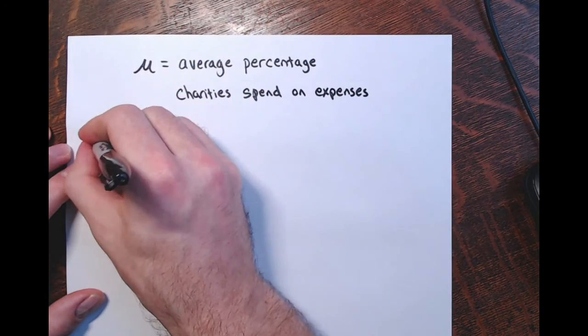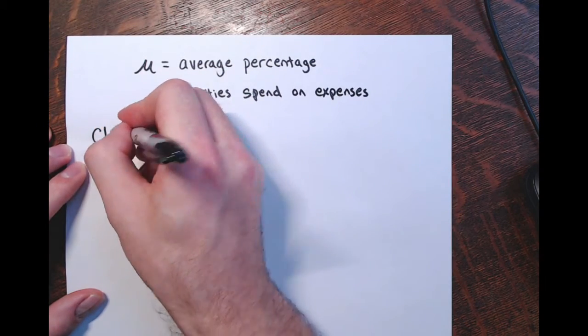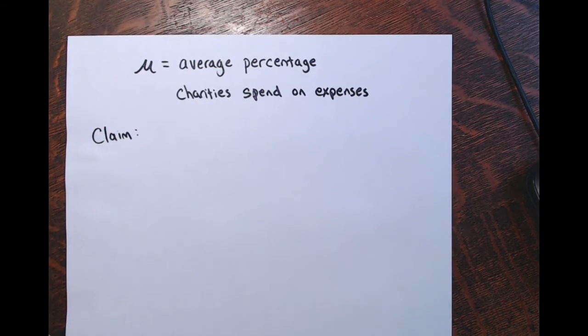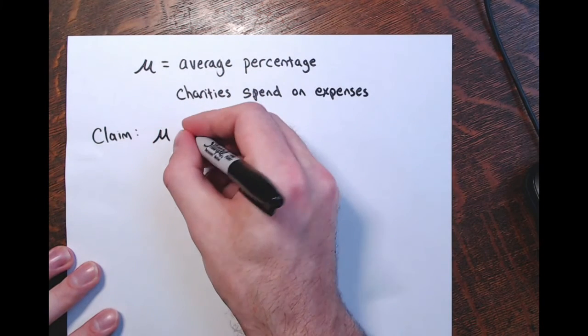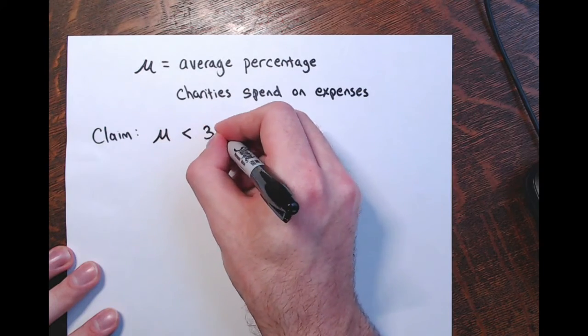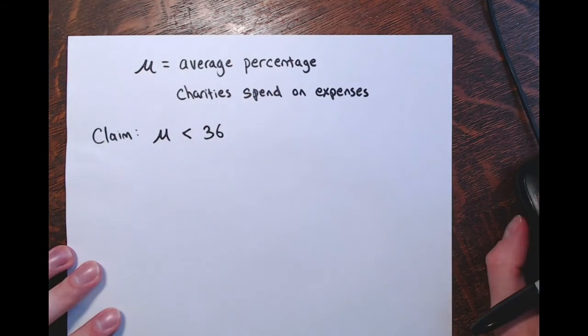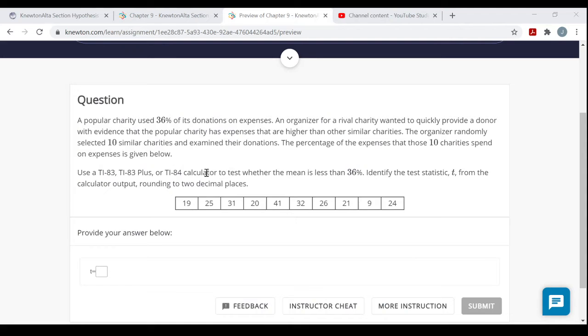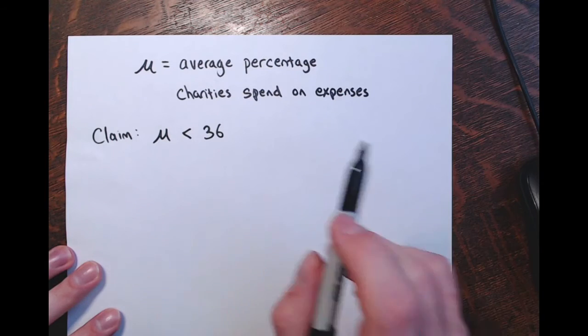And what they're testing here, remember, a claim or a belief is identified. We're testing the claim that the mean percentage is less than 36. It said it right there in the assignment: test whether the mean is less than 36.